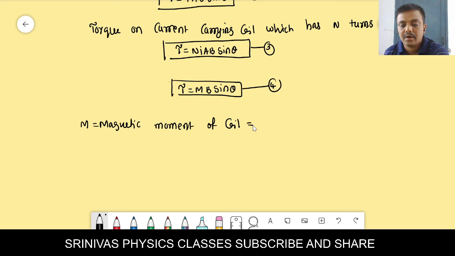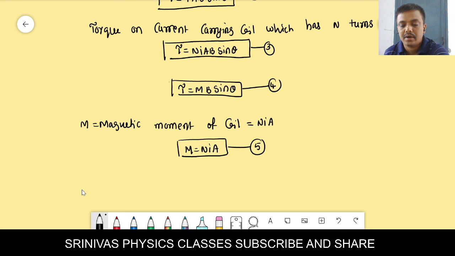Its formula is NIA, where N is the number of turns, I is the current, and A is the area. This is equation 5. A current carrying coil acts like a magnet; its magnetic moment is NIA.